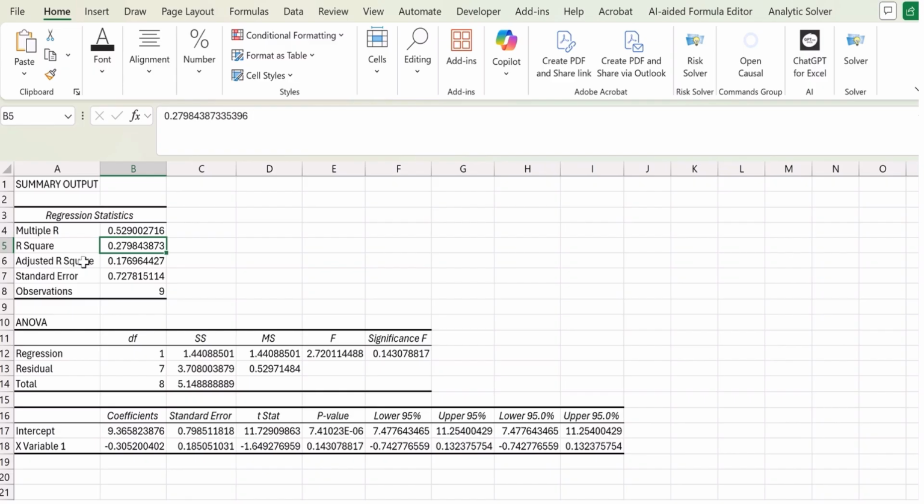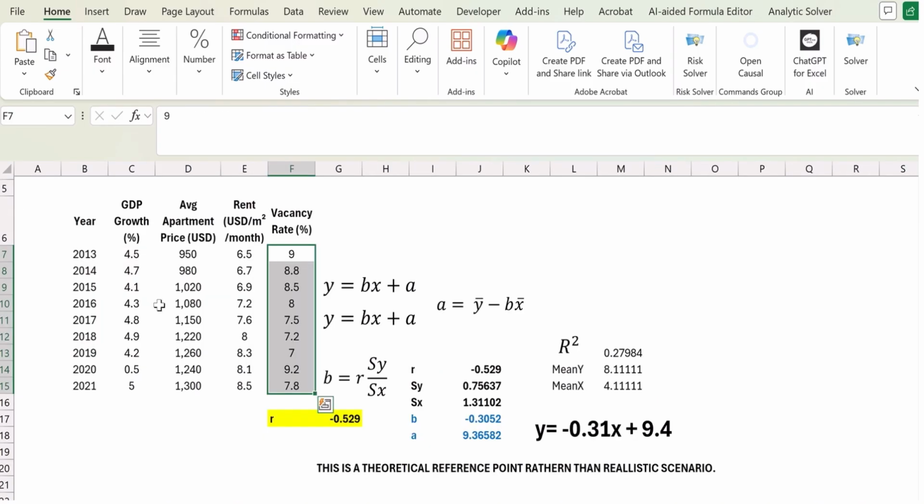The adjusted R square accounts for the sample size and the number of predictors. Because we have a very small sample size, if we select everything, we see the count is only 9 samples.